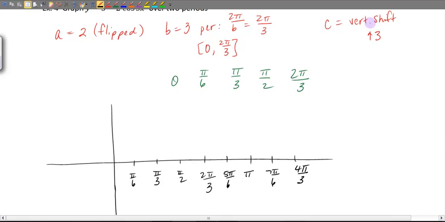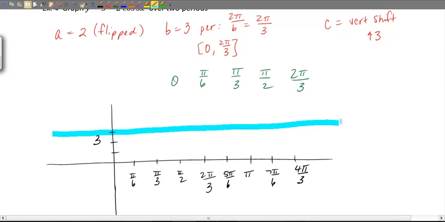Now let's talk about the vertical shift. The vertical shift has the effect of shifting all of my values up by 3. So we're going to count this off: 1, 2, 3. And I'm going to draw myself an imaginary x-axis just like that.